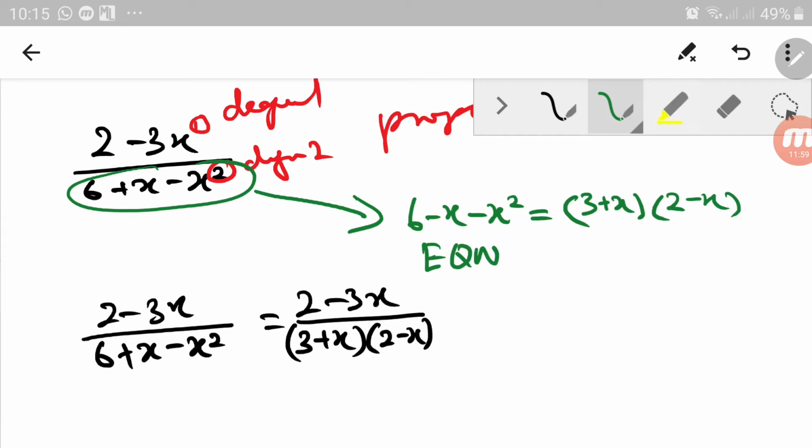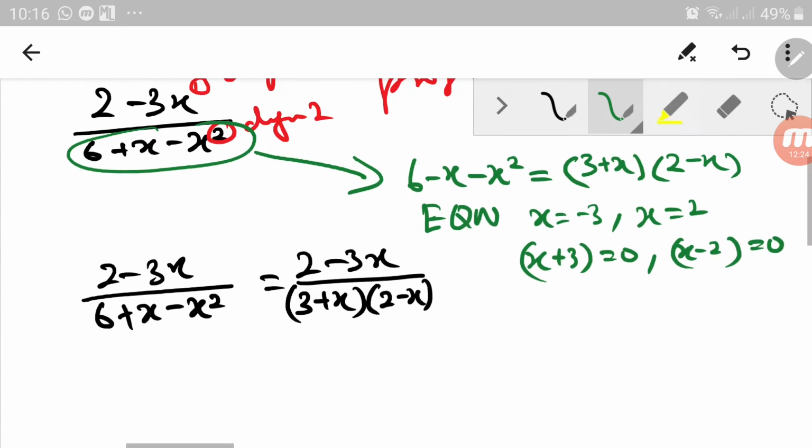If you use that, you will get x equals minus 3, x equals 2, which is not wrong, but it will be wrong over here. Now you see what I meant. What you've learned before, if you get EQN and then you do the reverse engineering, x plus 3 equals 0, and this one x minus 2 equals 0. So what you will have is (x + 3)(x - 2).